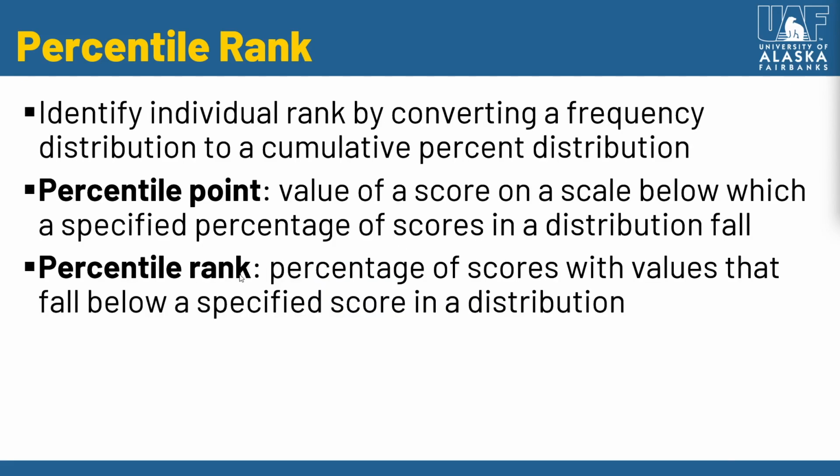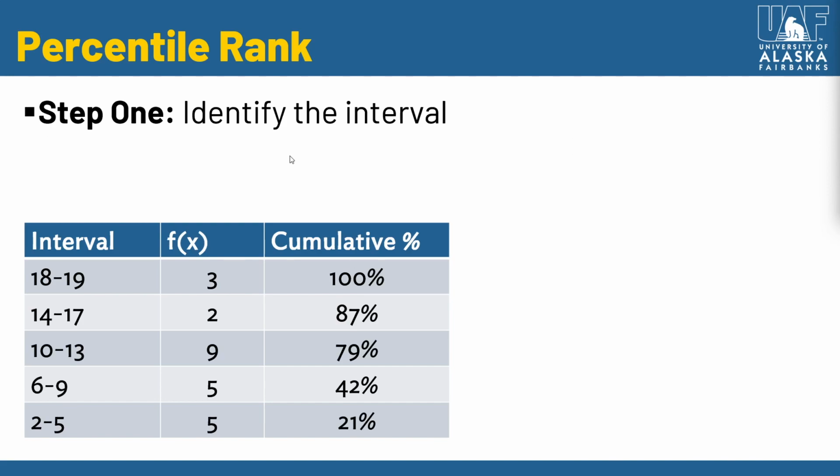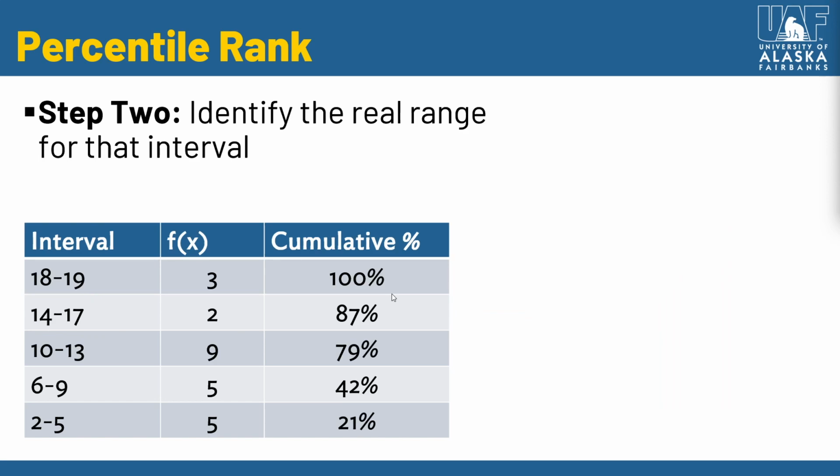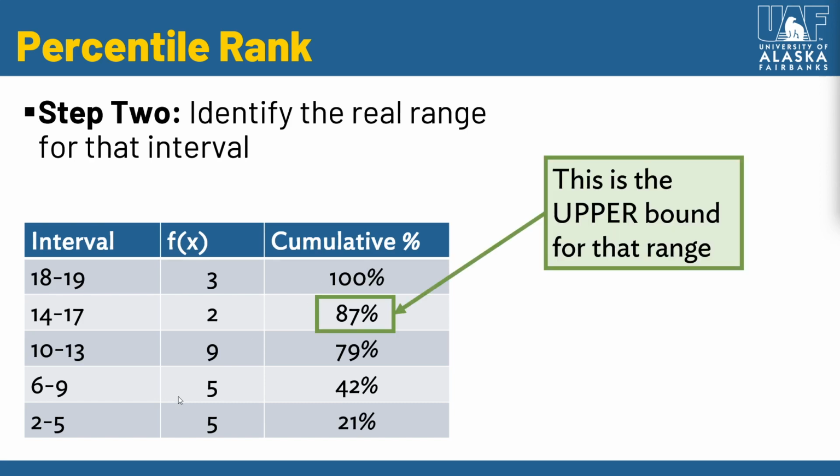But so if we're going for percentile rank in this example, step one is to identify the interval. Like I said, we know it's going to be somewhere in here because we know we're looking for 15. The next step is to identify the real range for that interval. And so this is the upper bound, for reasons previously explained, right? 87% drove 17 or less, or commuted 17 or less.